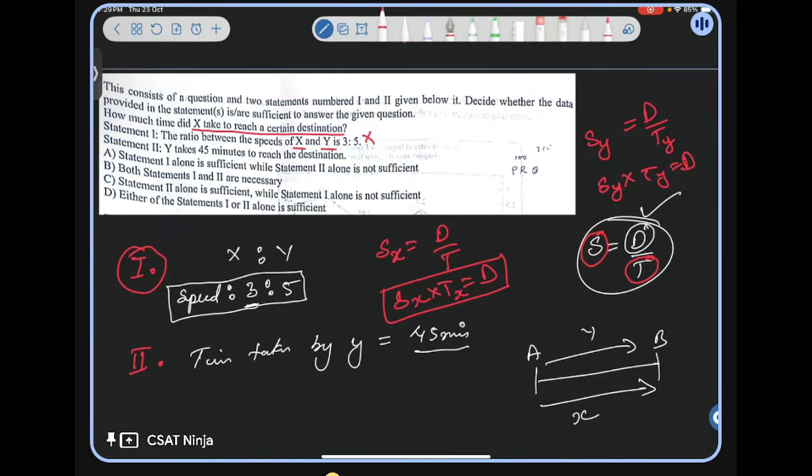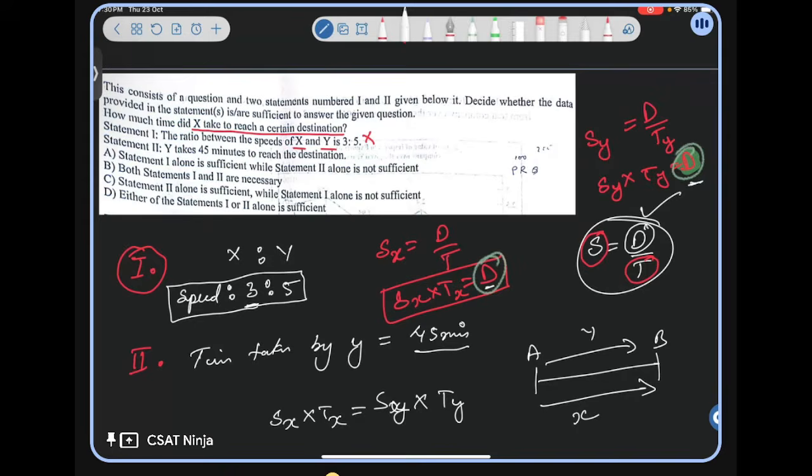If you look carefully, we have D here and we have D here. These two are the same distance. So I can write Sx into tx is equal to Sy into ty, because the distance here is the same.